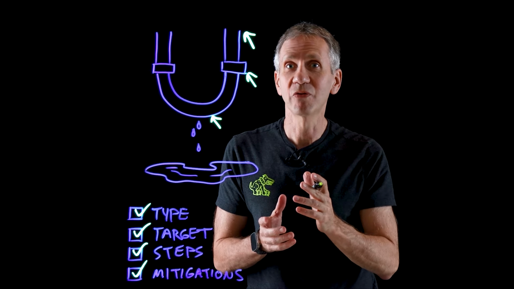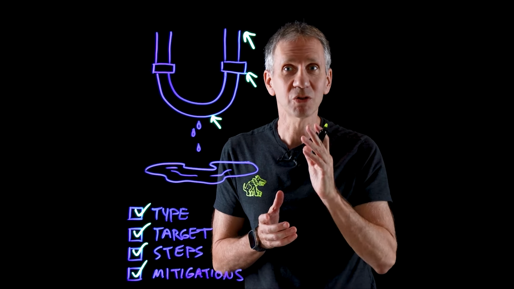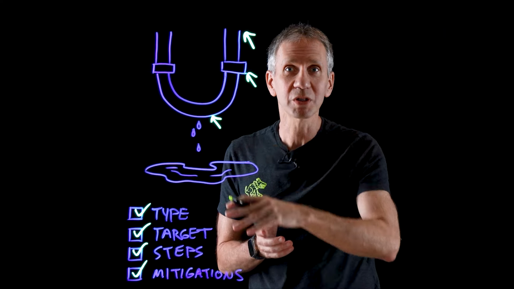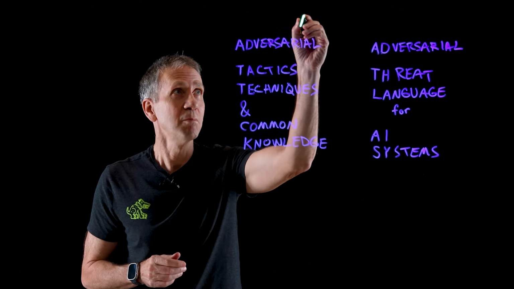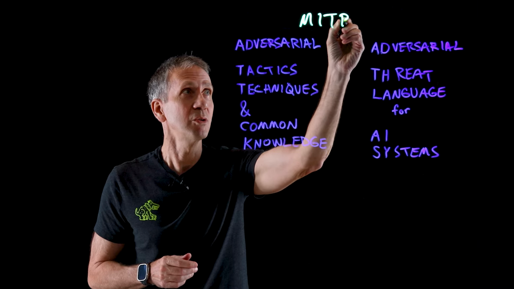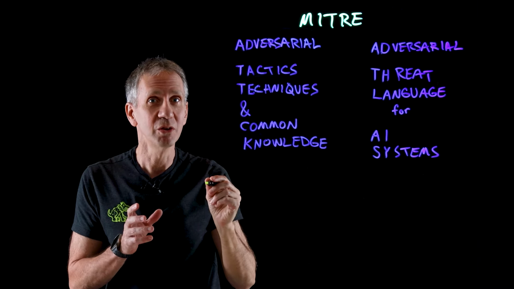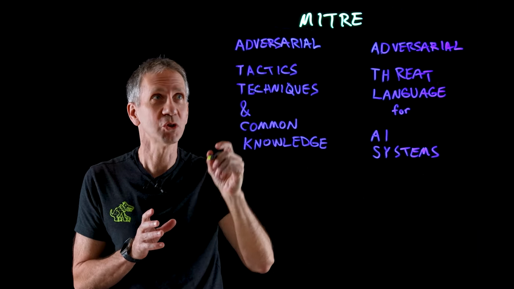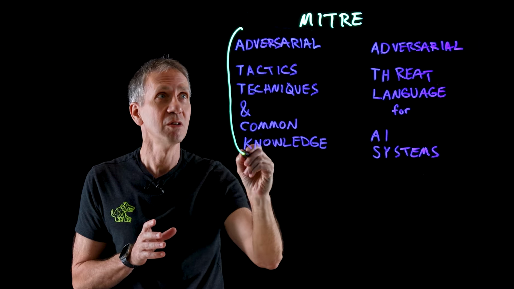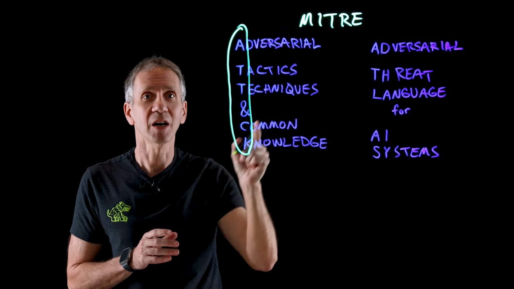We're going to take a look in this video at a tool that you can use to help understand AI-based attacks better. There's an organization called MITRE that came out with a tool that we use in the industry. Very useful. I did a video on this first one. It's called the Adversarial Tactics, Techniques, and Common Knowledge.